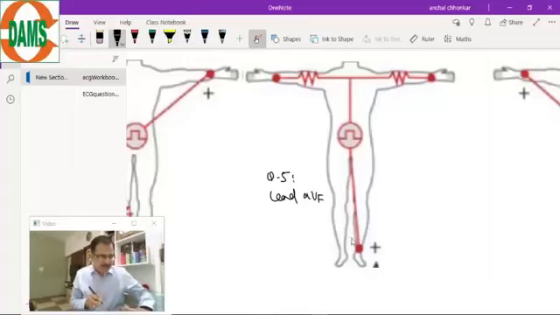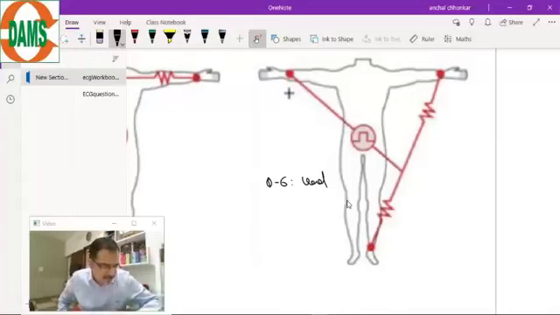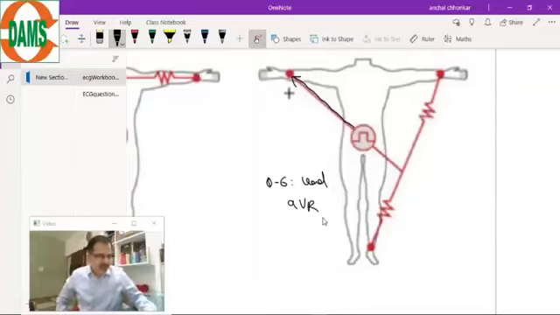And finally, question 6, the last one. Visualize. These questions can come as diagram based questions. This is lead AVR. All right, very good. All of you have given me the correct answer.